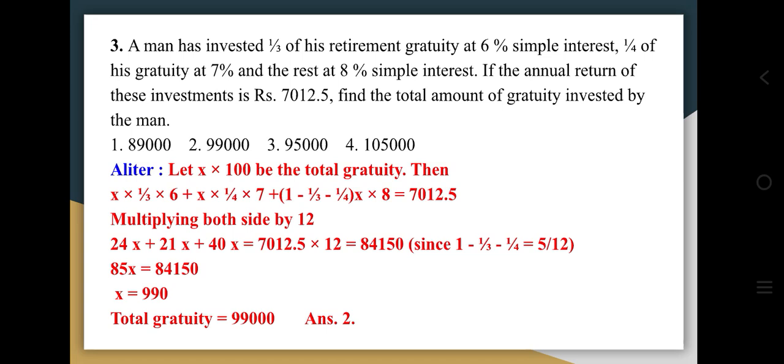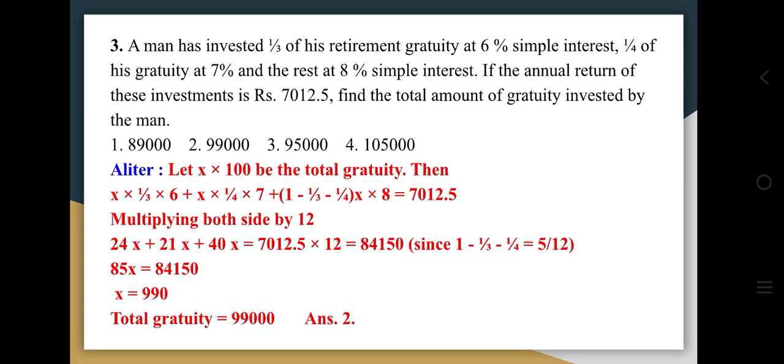The return corresponds to 7%. Since 1 by 4th is invested there, it is X into 1 by 4 into 7. And the remaining at 8%, the remaining is 1 minus 1 by 3 minus 1 by 4 x into 100 into 8 by 100.